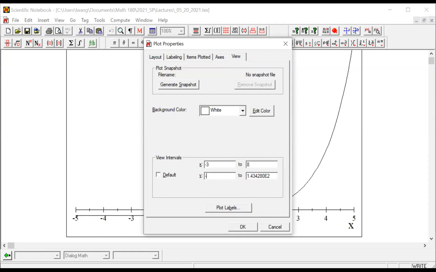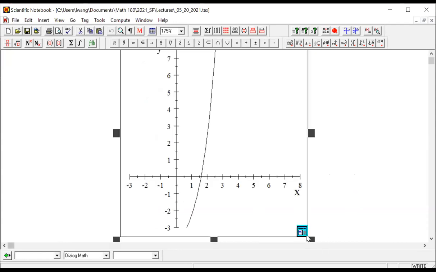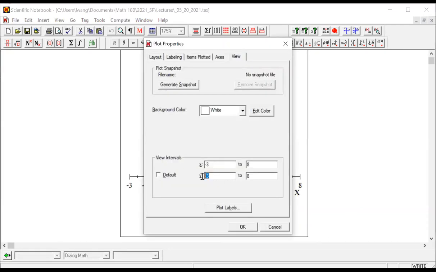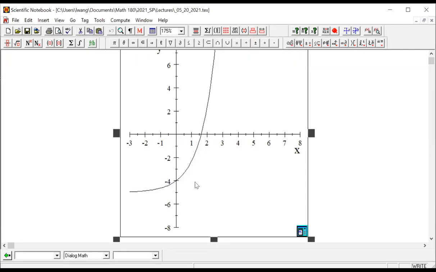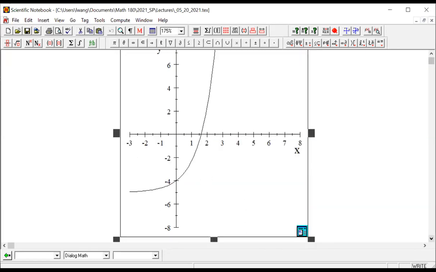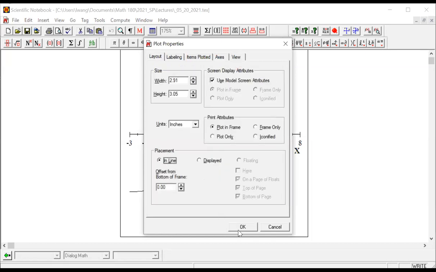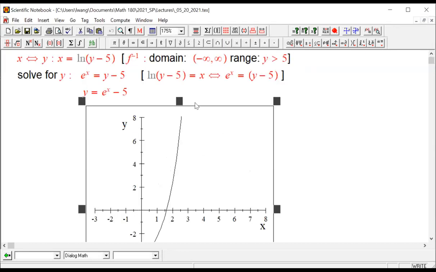I will make some adjustment here. This is probably -8. That's going to be better. So this is e to the power x. E to the power x, it's over here, right? So I'm not going to draw that. And the next one is going to be ln x minus 5, right?